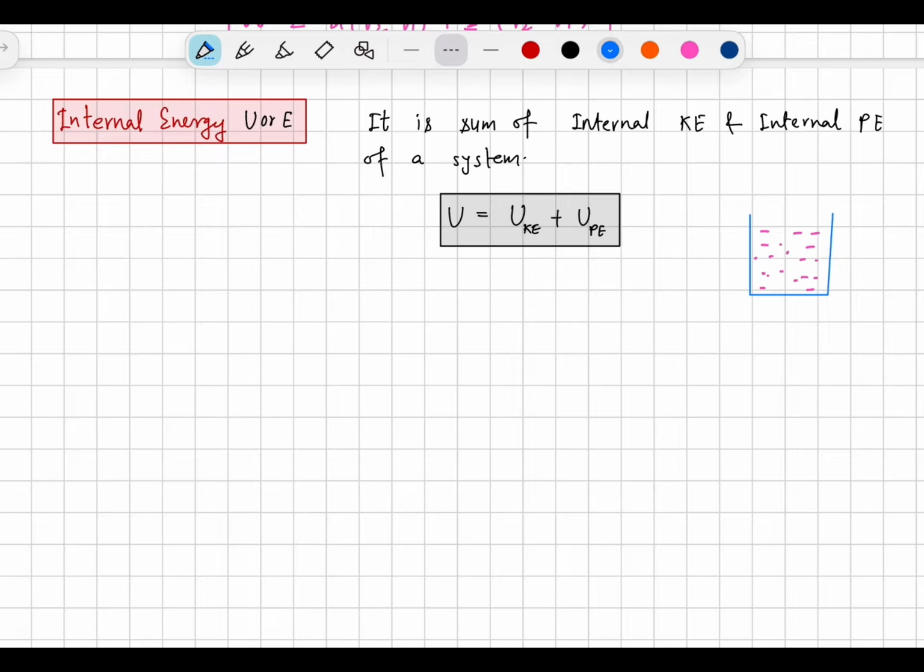So a few points about internal energy you must be aware of. It is a state variable, and the moment I say it is a state variable, you must be careful that all the properties of a state variable will apply to the internal energy. And what are those properties?